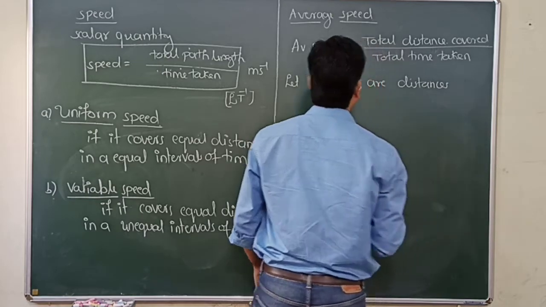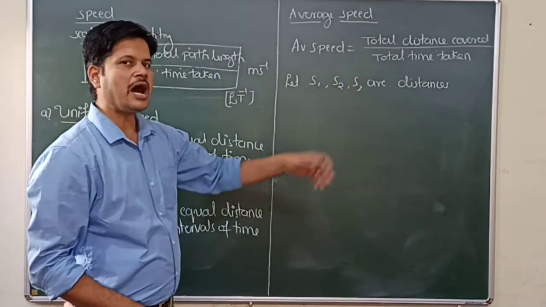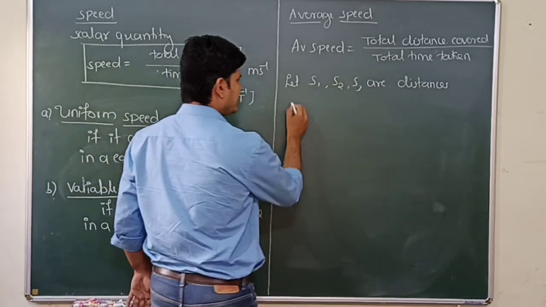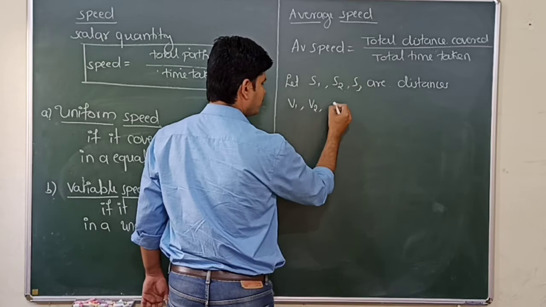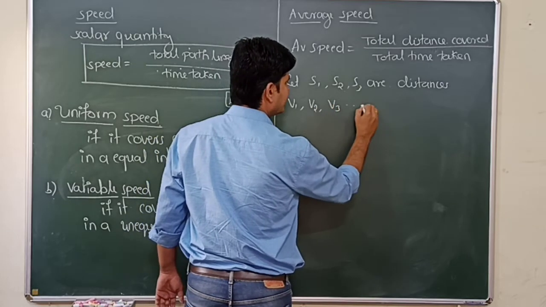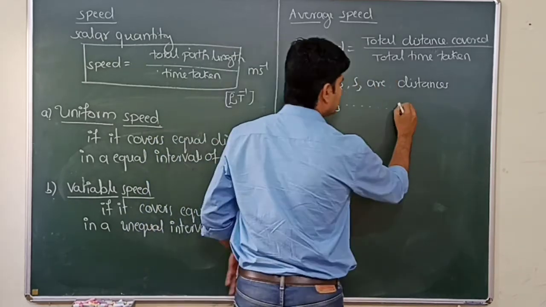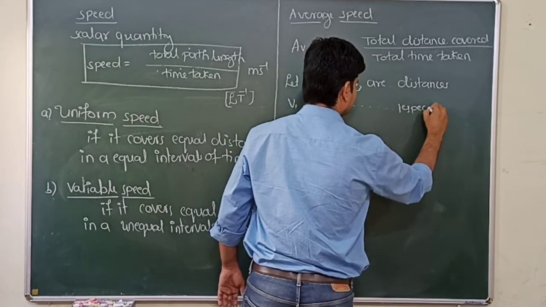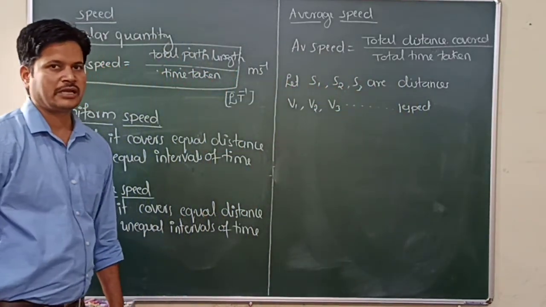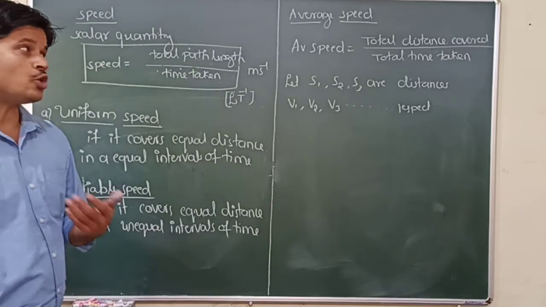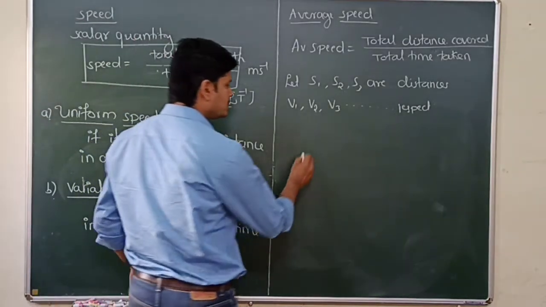These distances are covered with different speeds V1, V2, V3, and so on respectively. Okay, is it right? What is the total distance traveled?